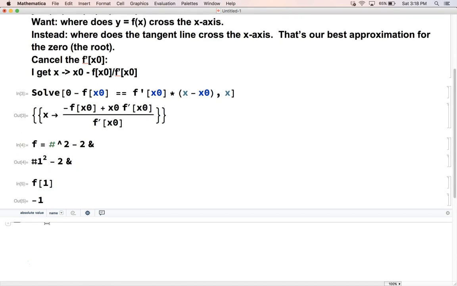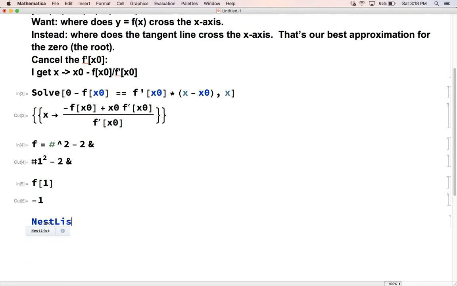And Newton's method, how can I get that? Let me get it using NestList. What's my function? Well, the function isn't f. The function is variable minus f of variable divided by f prime of variable.